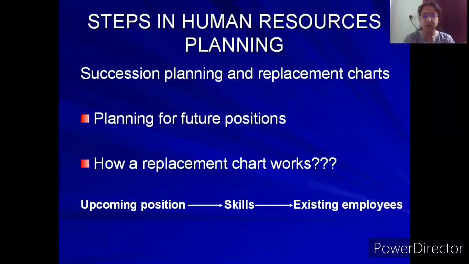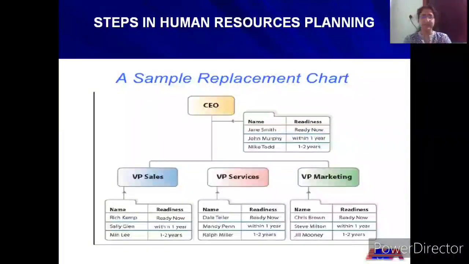I've given you 2 sample replacement charts, showing how a company can frame its replacement charts. So here you have one example. In the event of the position of the CEO becoming vacant, there are 3 prospective candidates who can be promoted to that position. The readiness and eligibility of each candidate is mapped over here.